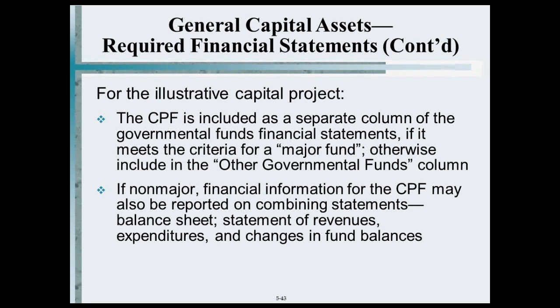If it's a non-major fund, what do you do? Combine it all into the other governmental. But is it a crime if you decided you wanted it to have its own separate column even though it's not a major fund? No, people do that. GASB doesn't like it, but people do that for control. They like to see a separate capital projects fund. But the requirement is that you must have, for major funds, at least that. And that's what this talks about.